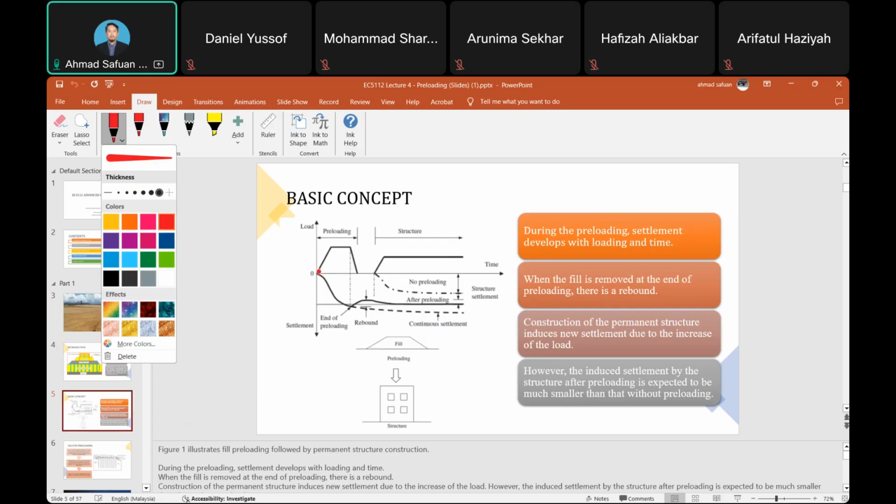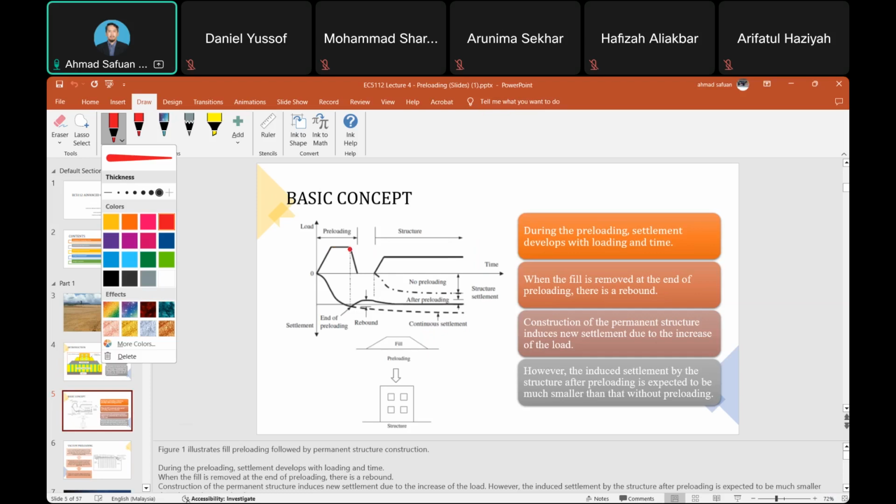During the process of preloading, we find that the settlement will increase. So we continue the loading process, and the aim is to achieve at least 80% of consolidation. So how do we determine the 80%?